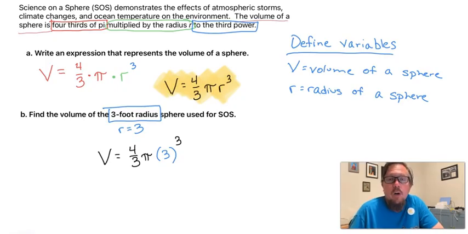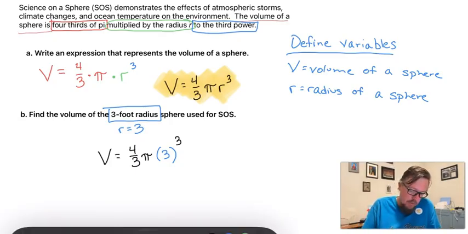And now we're going to follow our order of operations. The first thing in order of operations is grouping symbols. We do have a set of parentheses, but there's nothing in the parentheses for us to do. We just have a number 3 there. We can't do anything with the 3, so we move on to the next part of order of operations, which is to do the powers or the exponents. And we do have one of those.